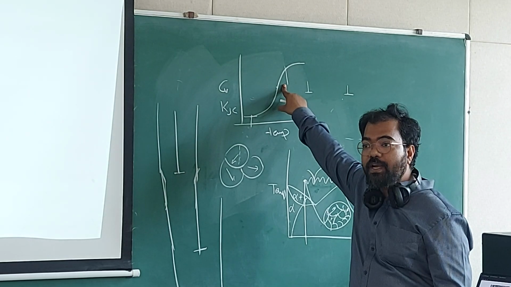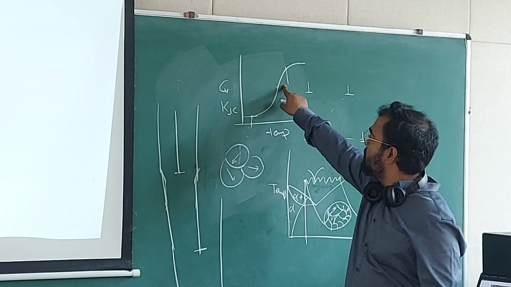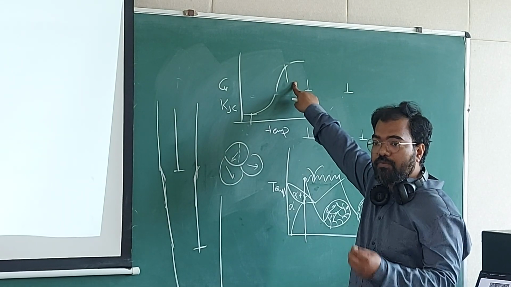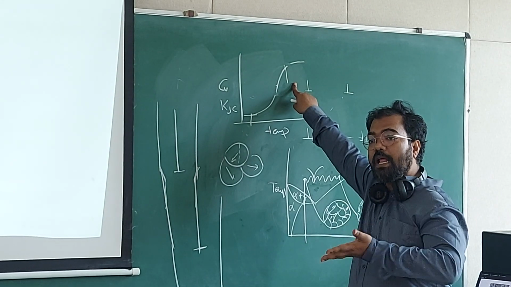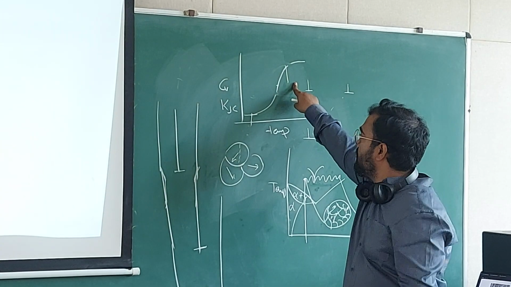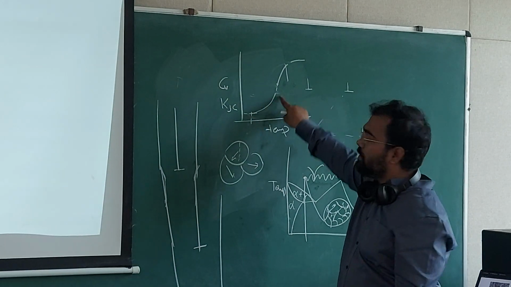Okay, you don't find dimples or anything in this unless you go to this region. In this region you have a lot of ductile crack growth happening, and after that brittle fracture happens. But here in this region you will not see a lot of dimples.